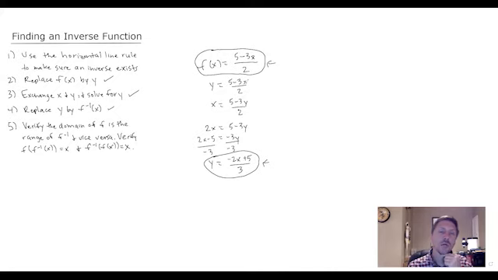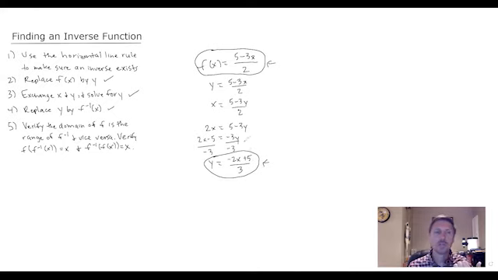So we're good, all reals there. And the range of this function would be all reals as well. And we have the same thing down here, right? The domain of the top one should be the range of the bottom one, and they are both all reals, and then vice versa.